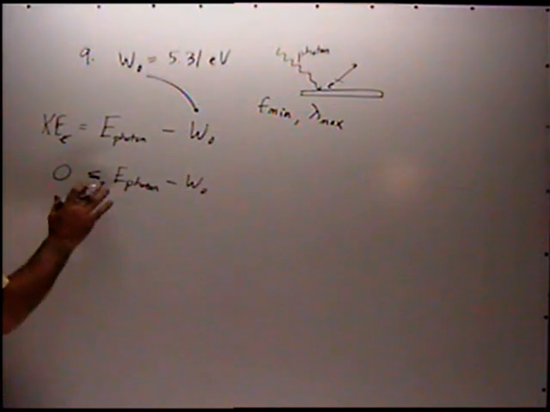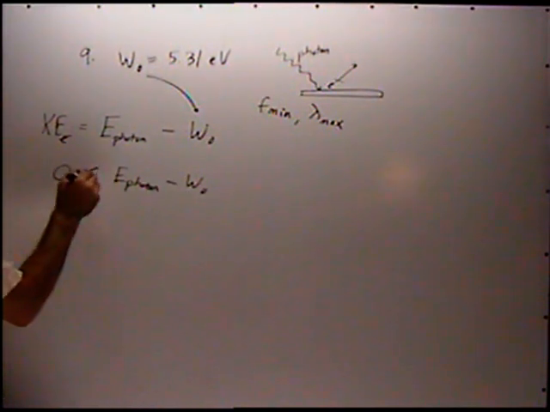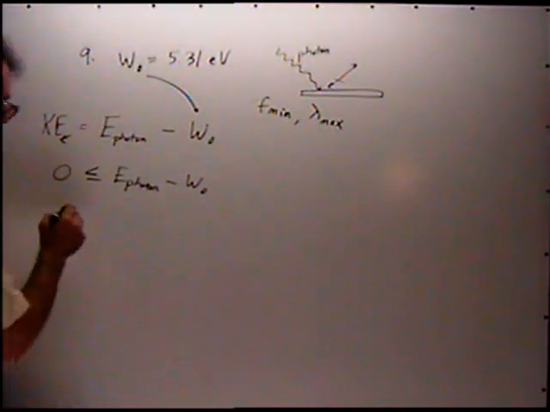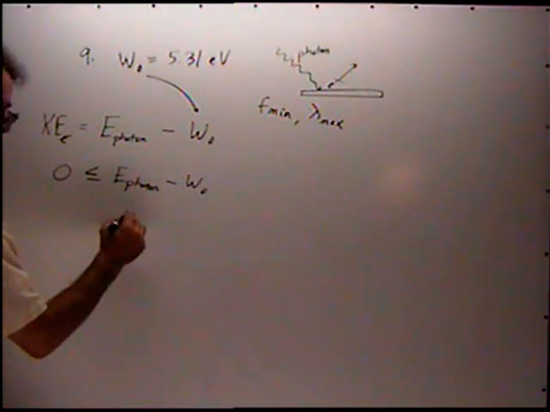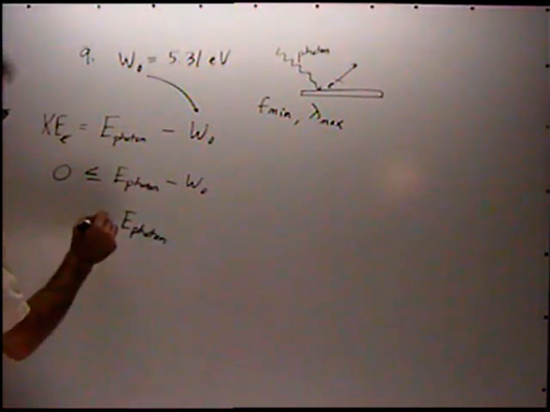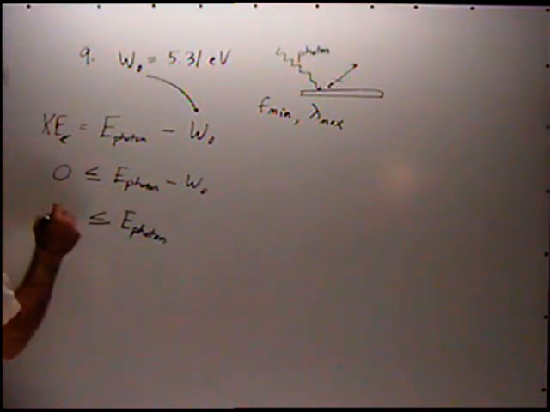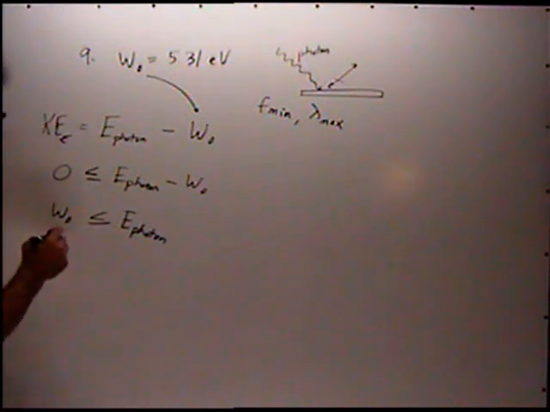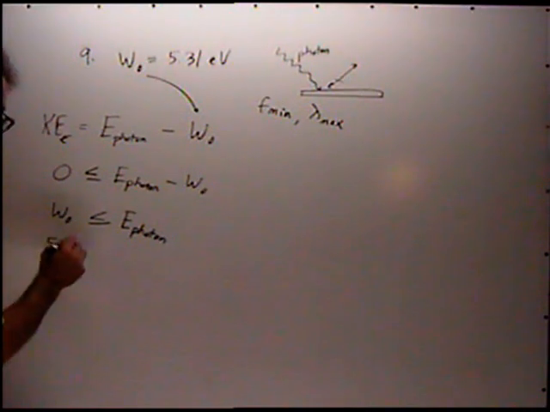So if you put it as an inequality, then we could say that the energy of the photon must be equal to, or just barely greater than, the work function of the metal. So the minimum energy required, well, we know what this is: 5.31 electron volts.